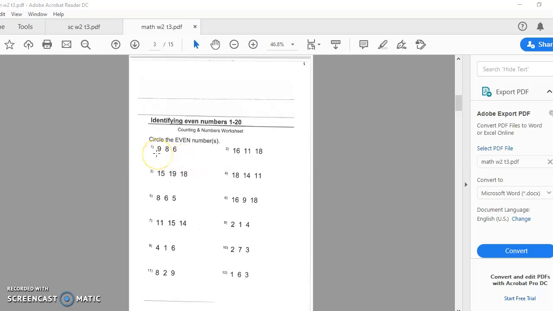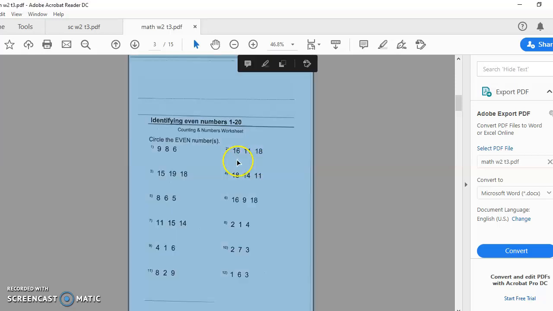Okay, so here we have the numbers 9, 8, and 6. Okay, so our even number would be 8, and we will also circle 6 because it's even. Here our numbers are 16, 11, and 18.